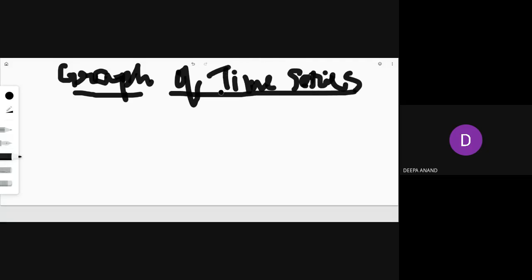From the name itself, you should understand that a particular variable at different periods of time depicted on a graph is known as graph of time series. For example, sales will be given on the y-axis, and at different points of time, like different months or years.